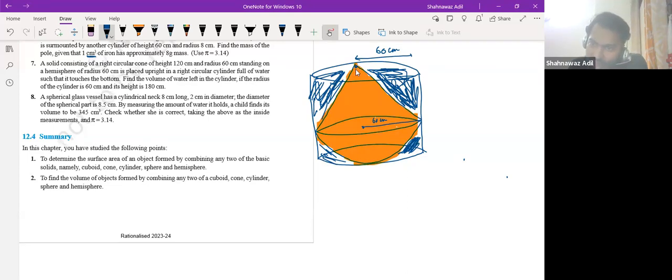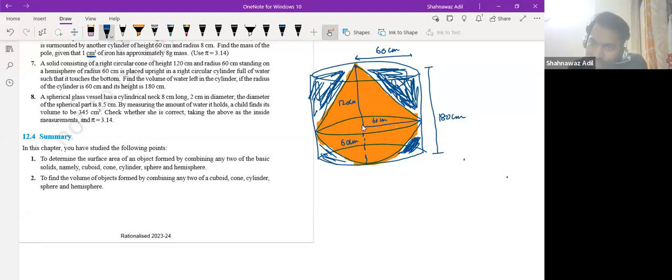So this height is 120 centimeter, and how much is this height, right? So this is 60 centimeter. And what is the height of the cylinder? Oh, this is again 180. So this thing is occupying all the height, right? Because from here to here, this is 180.